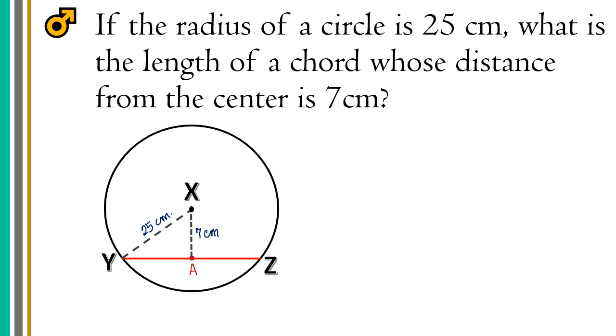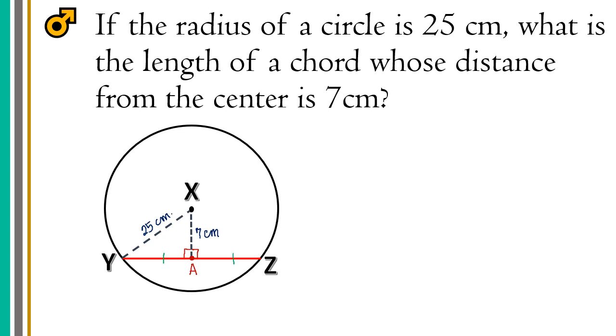So of course, to represent the distance of the chord from the center of the circle, we are going to draw this line segment perpendicular to the chord. And here it is.